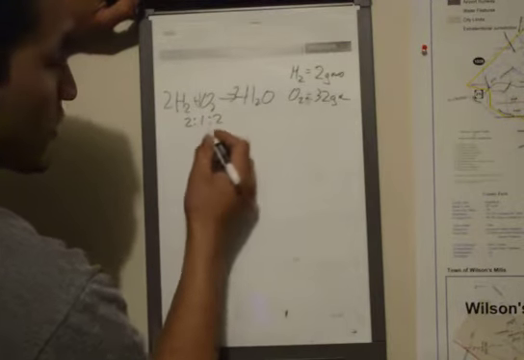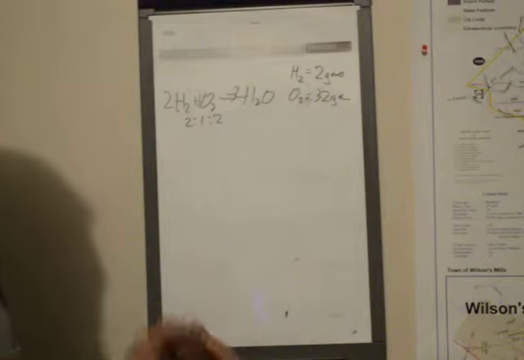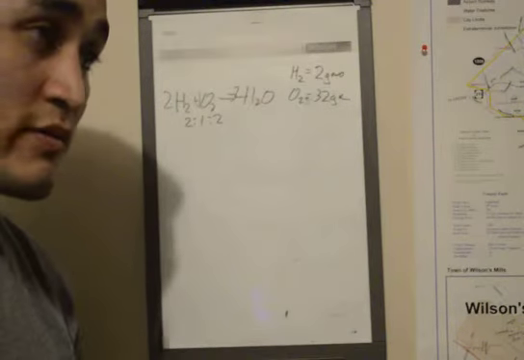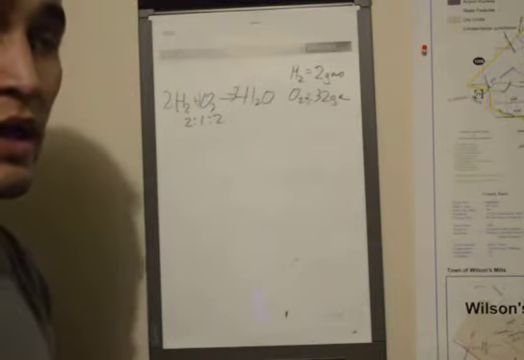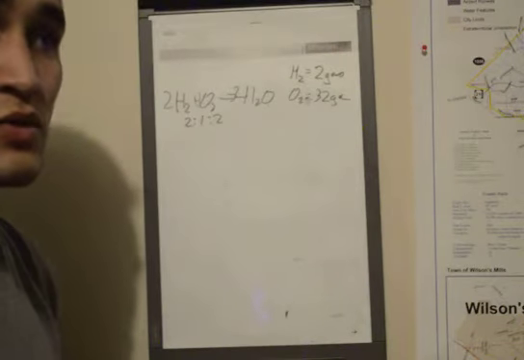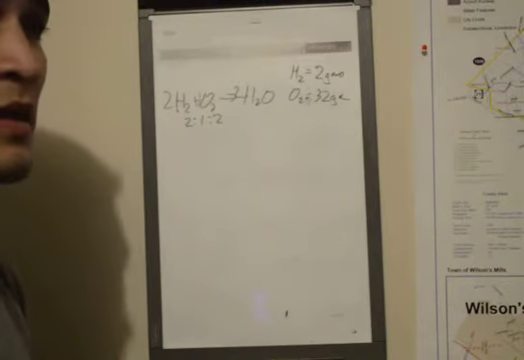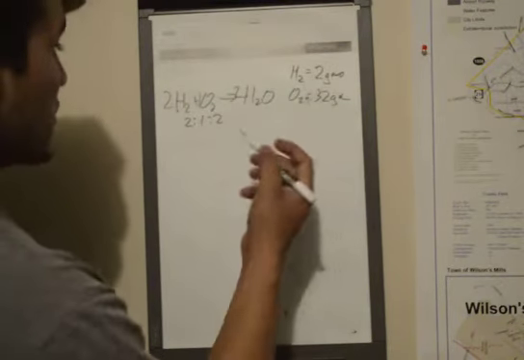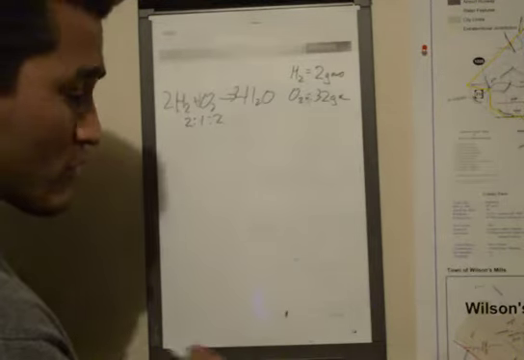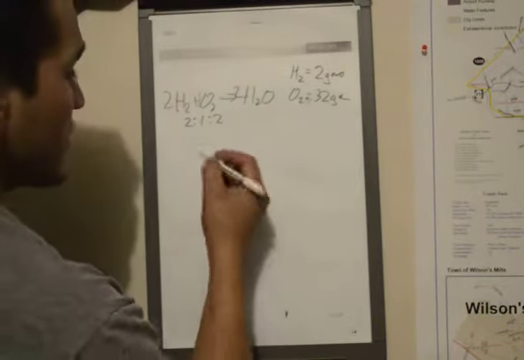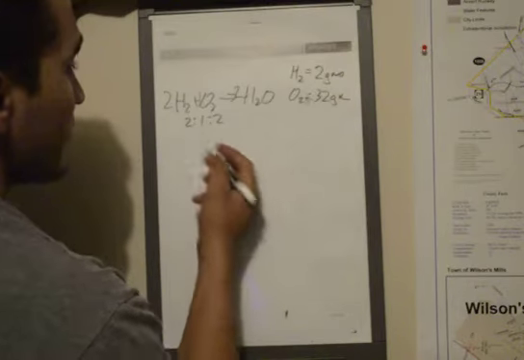This ratio is in moles, so that means for every 2 moles of H2 and every 1 mole of O2, you're going to have 2 moles of H2O. In any problem, what usually happens is that you're given a quantity of reactants.